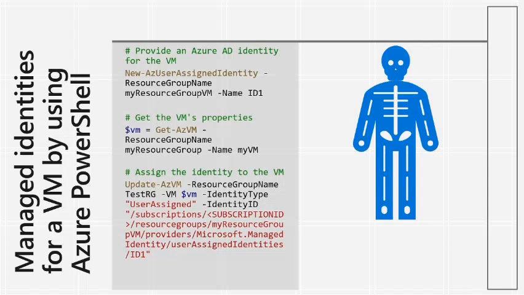Managed identities for a virtual machine using Azure PowerShell. A user assigned identity is created as a standalone Azure resource. By using the New-AzUserAssignedIdentity cmdlet, you create an identity in your Azure AD tenant that can be assigned to one or more Azure service instances. So you just create it here.